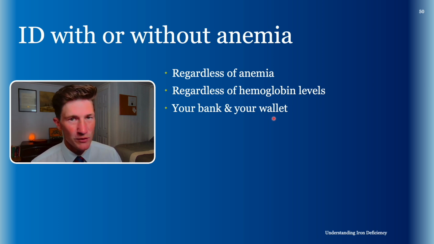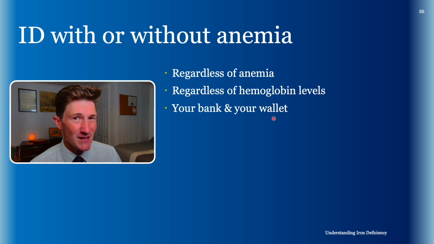You have most of it in your bank, but you always want some of it in your wallet. And if you have a lot of money, you probably still keep a normal amount of it in your wallet. This is the way that it works in the body. If you have perfectly good ferritin levels, you're not going to have super high hemoglobin levels. You're going to have normal, good hemoglobin levels. You keep a normal amount in your wallet.